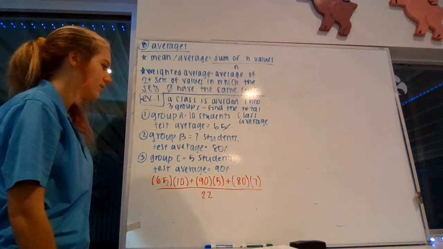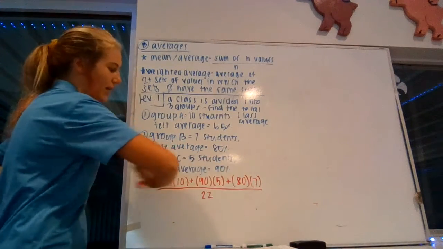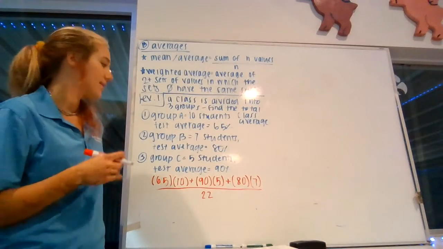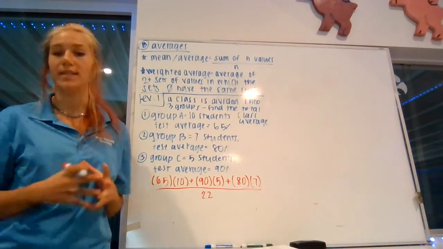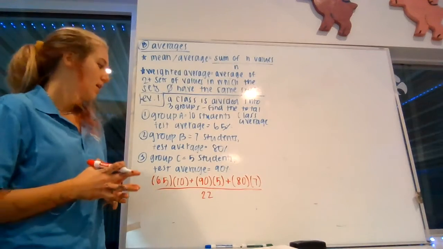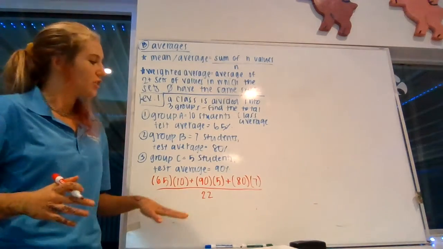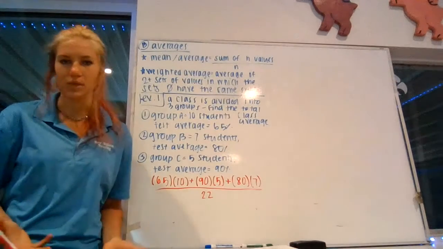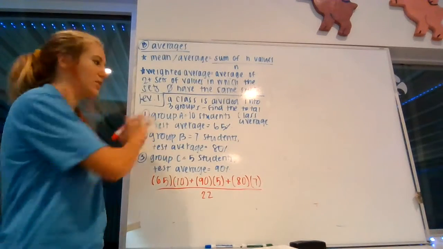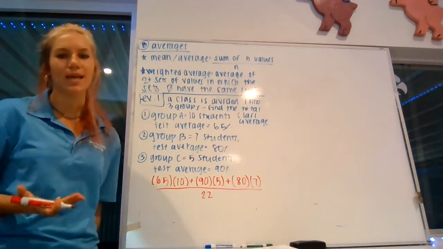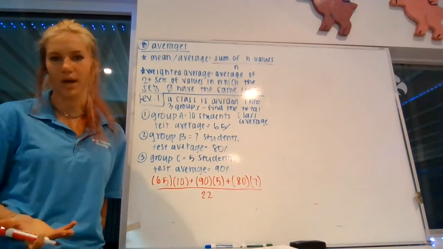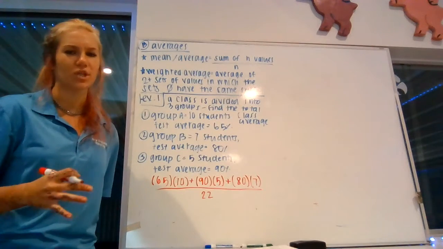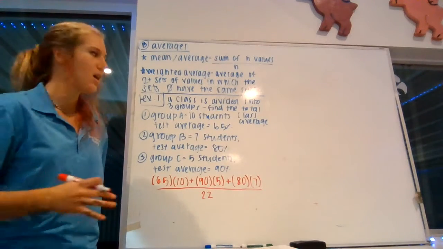And then that big line up there, those 3 different products that we're summing together, is going to get us the total number of points that everyone in the class scored. And then we're dividing that by 22, which at first, if you're just looking at this problem, you're like, where the heck did 22 come from? There's no 22 explicitly written up here, but that's just the total number of students. Again, we're not dividing it by 3, which might be a common mistake.